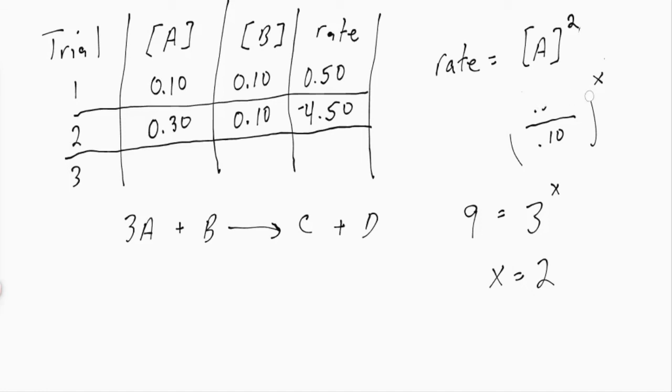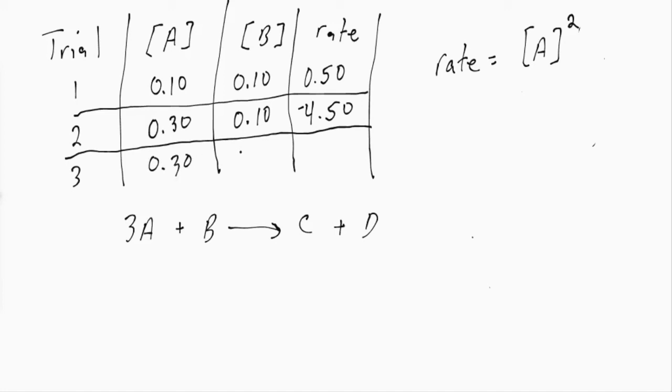So now what are we going to do? We're going to hold A constant, and we're going to test our change to reactant B. So let's do that. 0.30, we're going to hold A constant, and now let's just double reactant B, and we'll see that, oh, well, when we doubled reactant B concentration, it had no effect on the rate of the reaction.